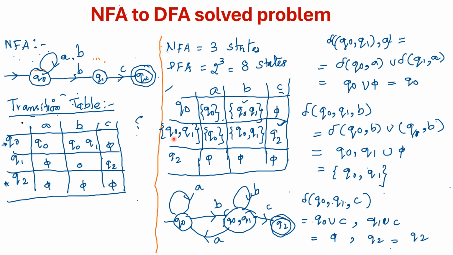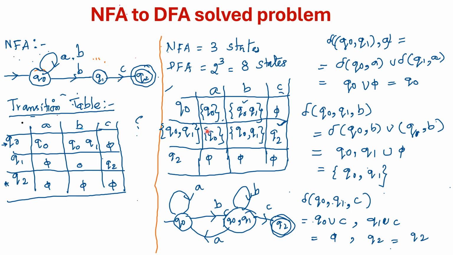Again you have to check the transition of Q naught on A union Q1 on A. So for Q naught comma Q1 on A, you take the union and find the transition of Q naught on A and Q1 on A. It is a combination of Q naught and null, so we are getting Q naught.